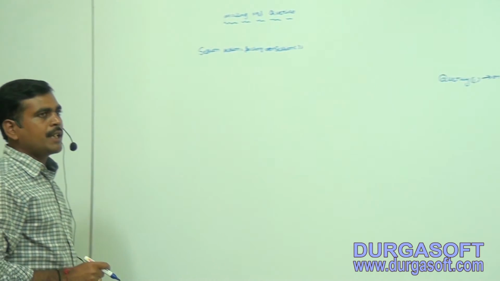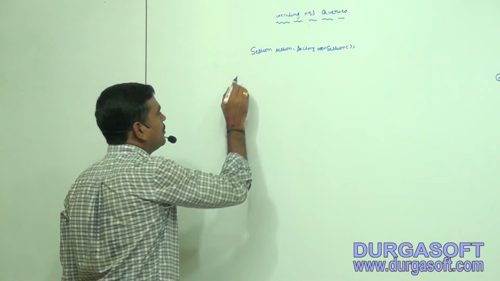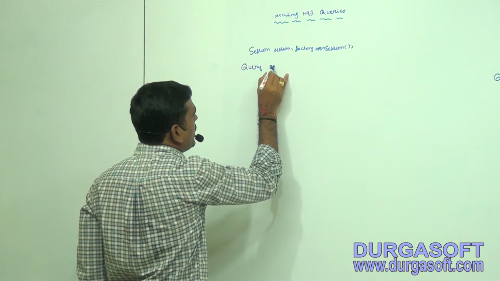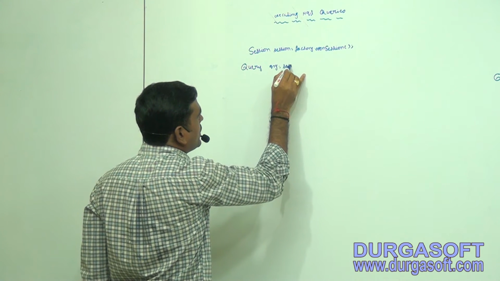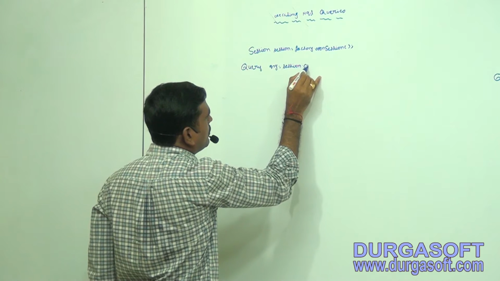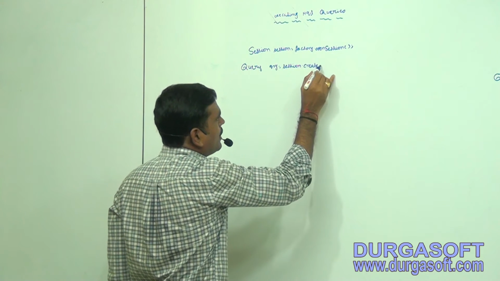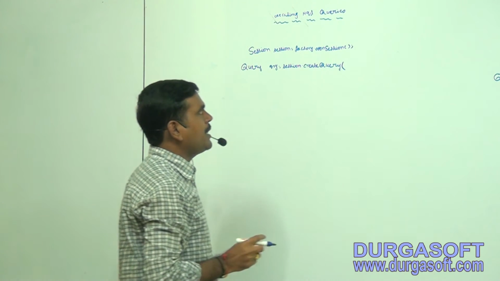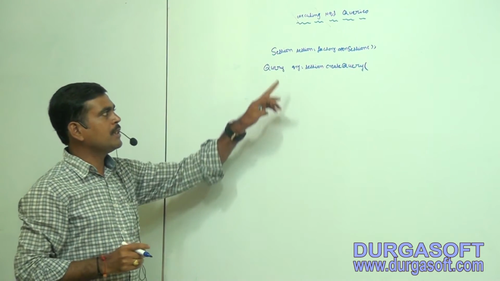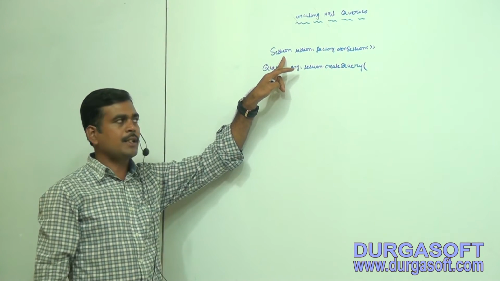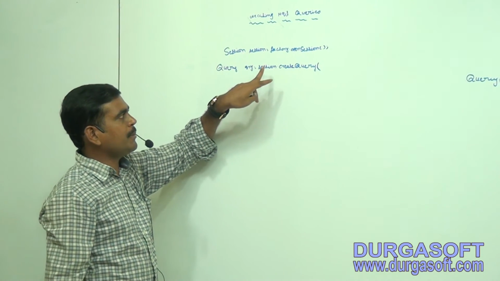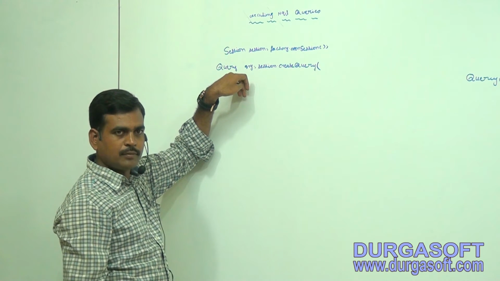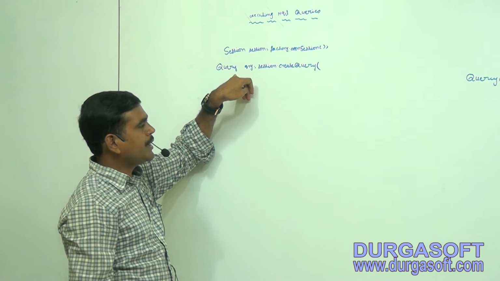If we want to get the query object, then what we have to do? Query is equal to session dot create query. Create query is the predefined method available in the Session interface. By calling the create query method on the session object, we will get the query object, right? Query is what? Interface.